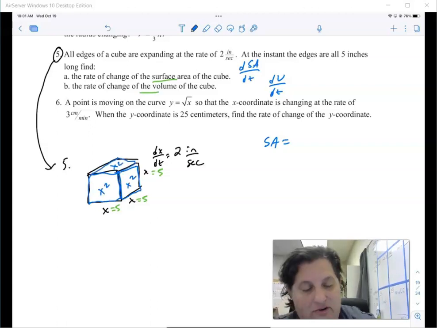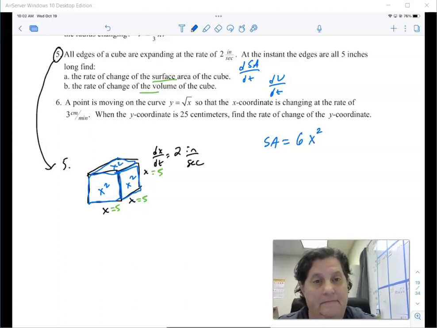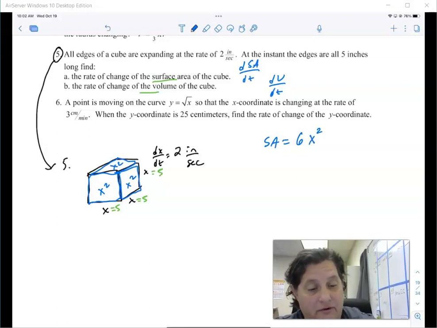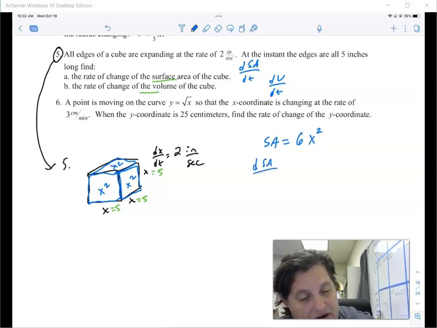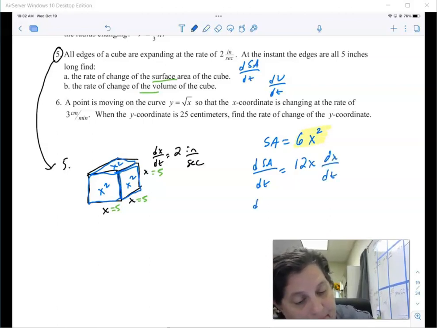That's x squared. There's 6 sides. So the surface area of a cube is just 6x squared. Okay? So let's take the derivative of that, d surface area with respect to t. I'm going to take the derivative of 6x squared. When I bring that down, that's going to give me 12x dx dt.